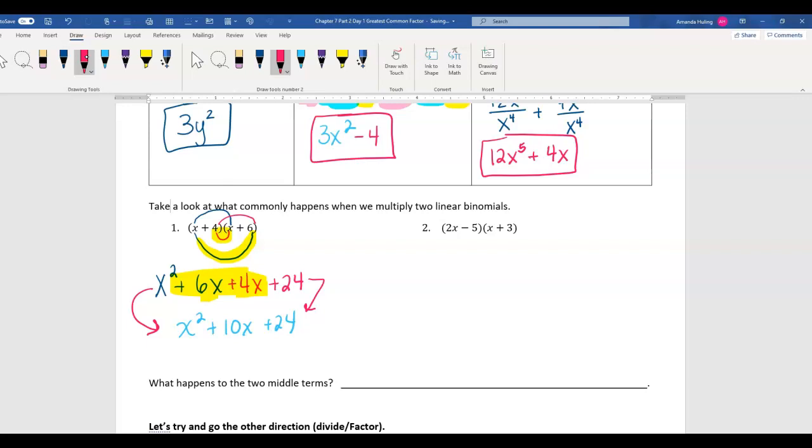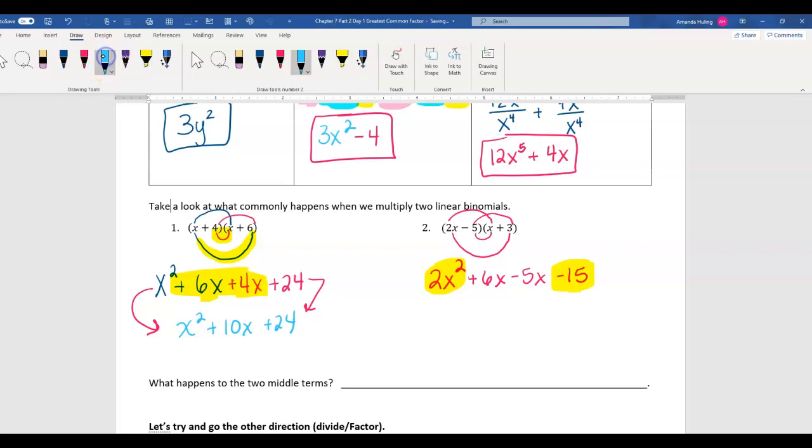So if I go ahead and do 2x times x, that's 2x squared. And if I go ahead and do 2x times 3, I get 6x. And then I'm going to do negative 5 times x. And I'm going to do negative 5 times 3. Now notice again that those two upper ones, these two, didn't change, right?